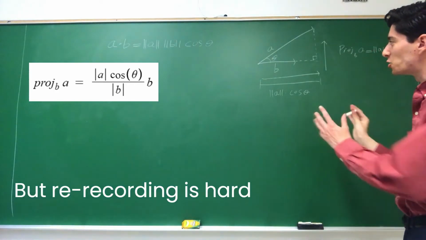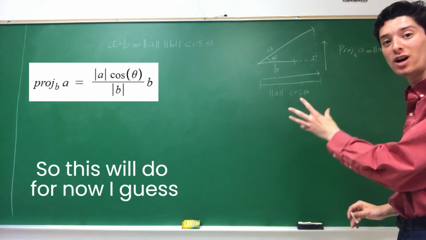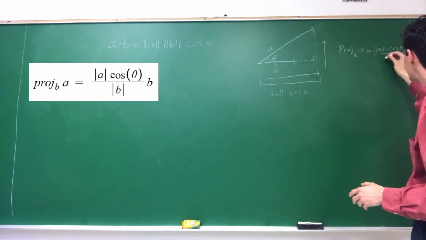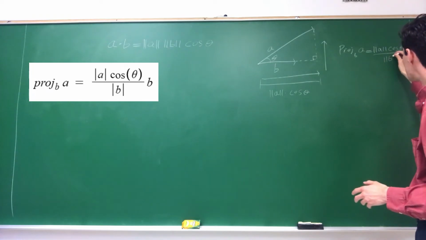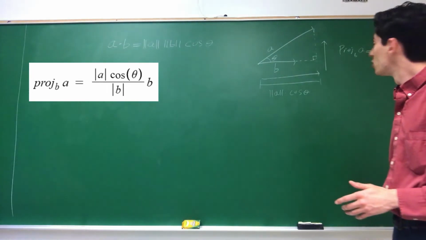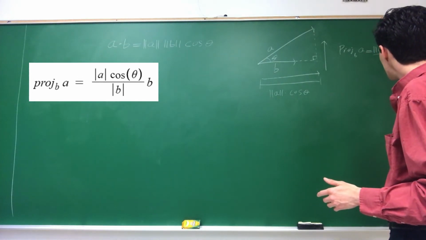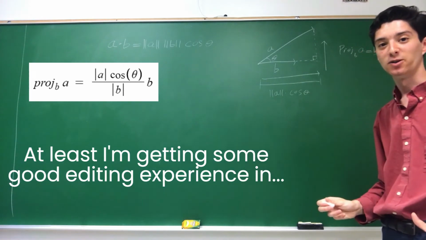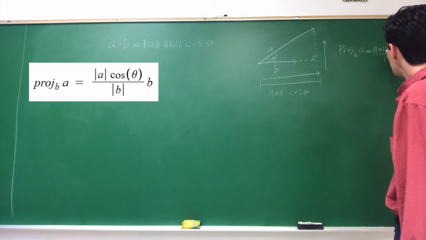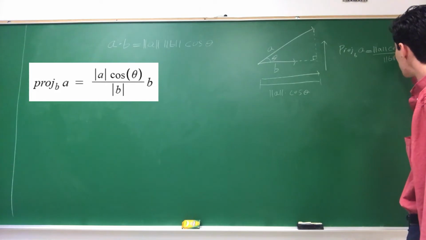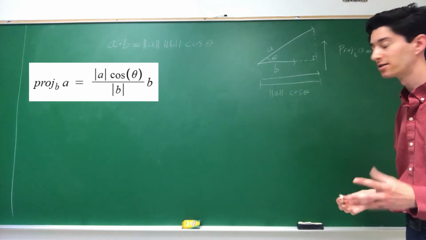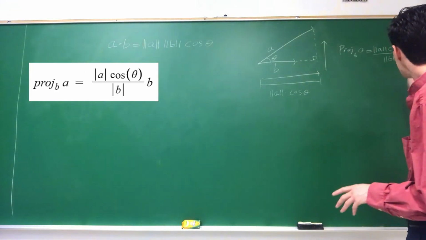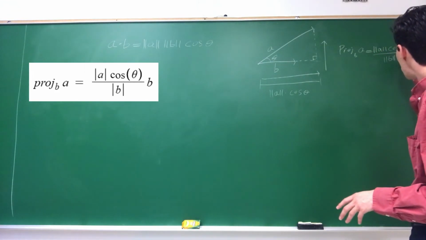So we want it to be a unit vector, a vector with magnitude 1 in that direction. To make a unit vector, you simply divide by the magnitude of that vector. So we have the magnitude of A times cosine of theta times our vector B over the magnitude of B. The magnitude of A, the cosine of theta, and the magnitude of B are all scalars, whereas B by itself is a vector. So we have our vector B, and we're scaling it by this amount.